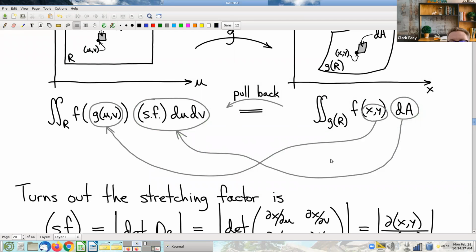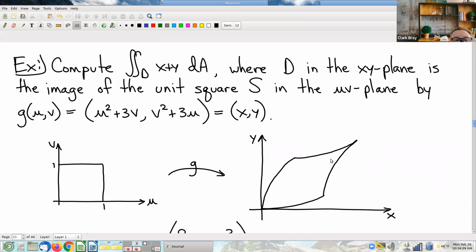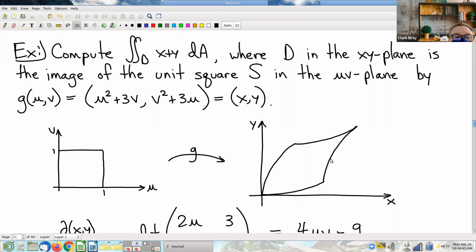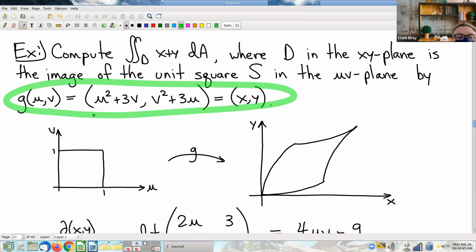Okay, let's do an example. I've got a function here. X and Y are functions of u and v. There's my function. I'm looking at the unit square in the UV plane. If you take points in that unit square and plug into this g function that's given, by the way, don't worry about where that came from.